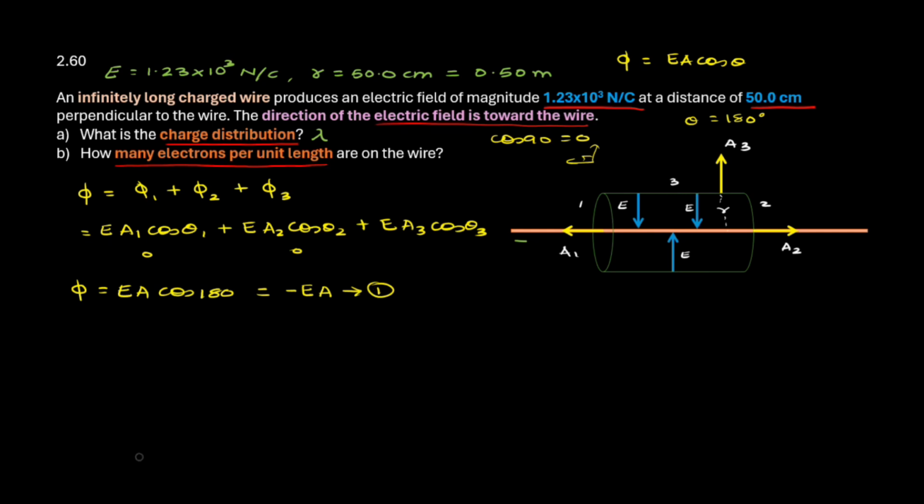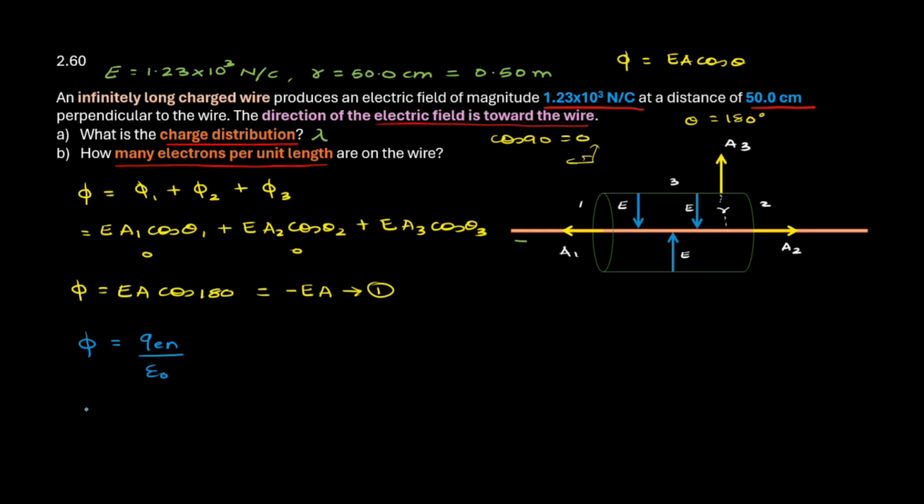After we find the total flux through the surface, now I'm going to use Gauss's law. Gauss's law says that total flux through a closed surface is numerically equal to the charge enclosed by the surface over epsilon naught. So here we are going to substitute the value of flux we calculated in equation 1.